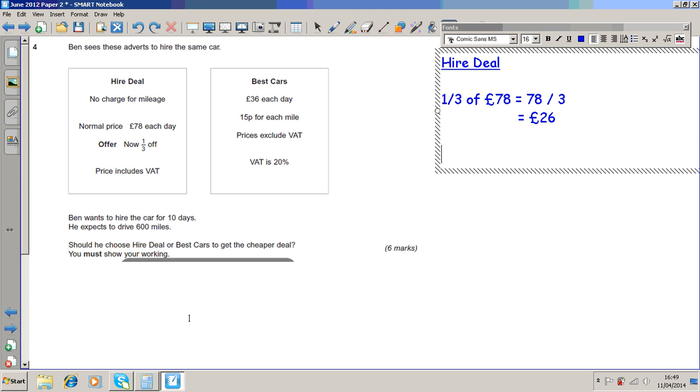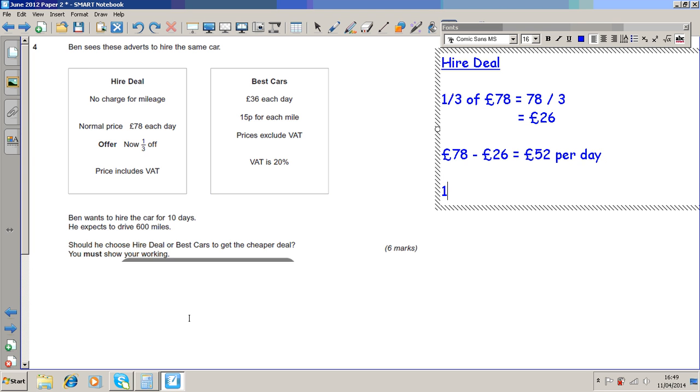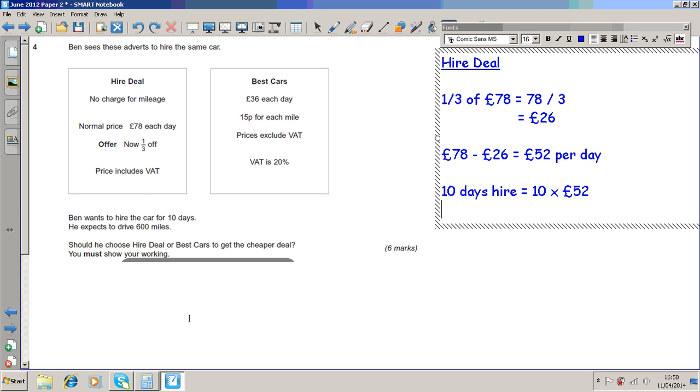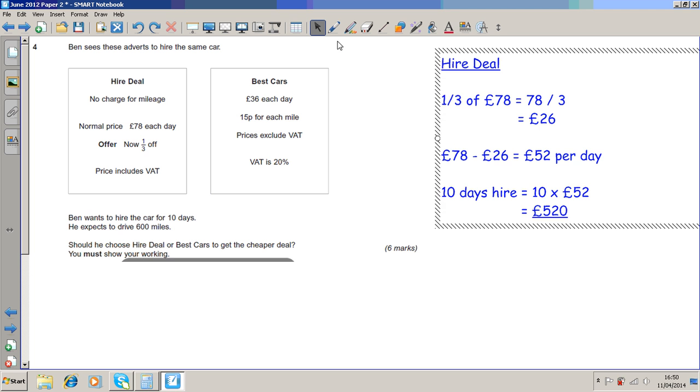So he gets £26 off per day, so 78 minus 26 is £52 per day. 10 days hire is then 10 times £52, which is £520. So that's Hire Deal.